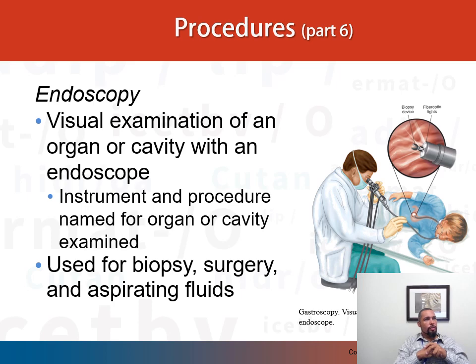Some other procedures, endoscopy is a visual examination of an organ or cavity with an endoscope, which again, what is an endoscope? Well, it is an instrument named for the organ or cavity examined. It's used for biopsies, surgeries, and aspirating fluids.